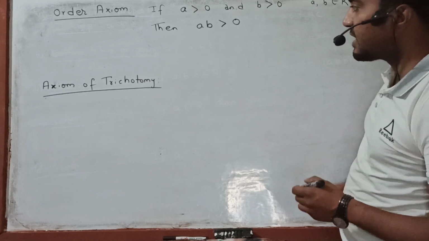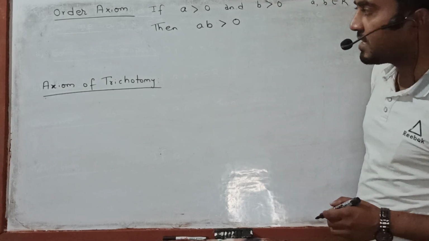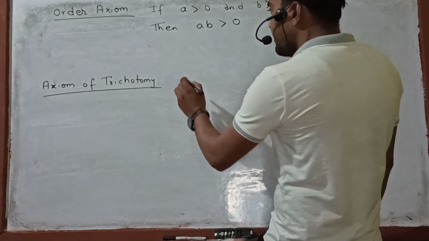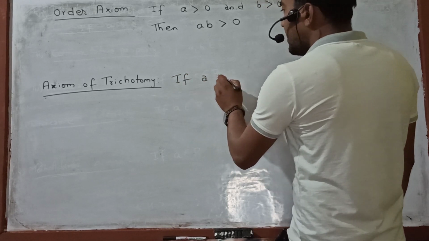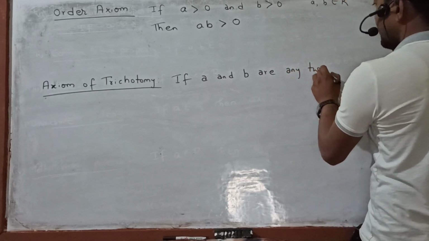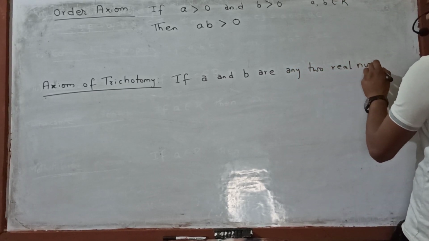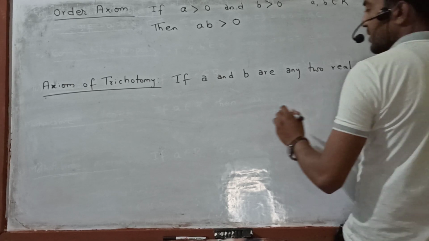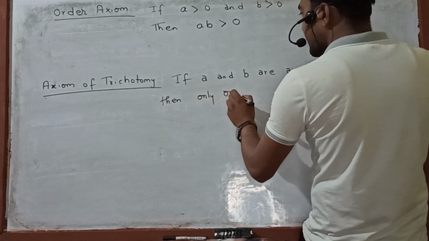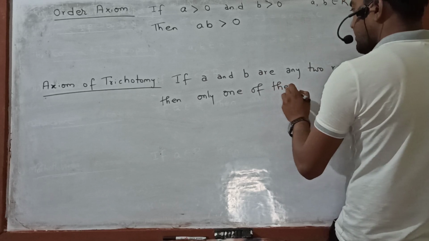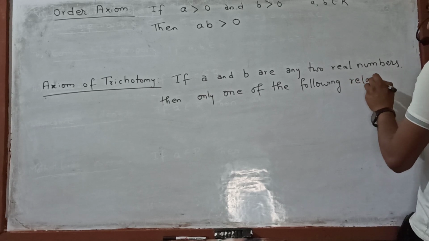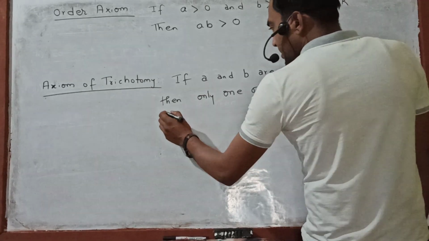Now come to the axiom of trichotomy. What does this axiom say to us? What information does it give to us? If a and b are any two real numbers, then only one of the following relations holds.